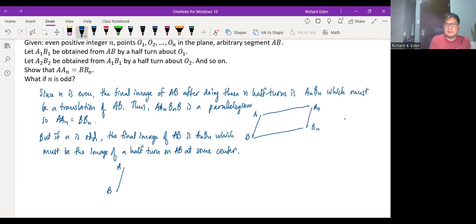So here is A sub n and here is B sub n. So question, A sub n and B sub n. What's your conclusion about that equation? Is that true?